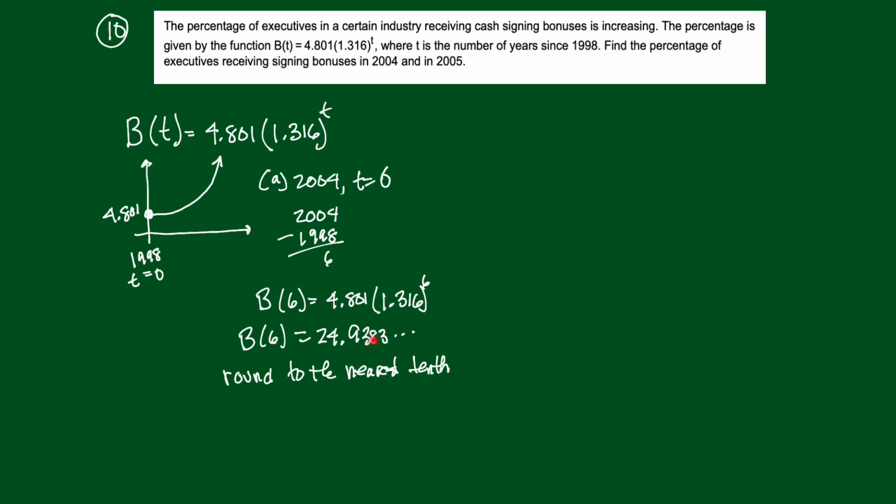So I'm just going to chop that off, truncate it, and I'm going to get 24.9. I'm going to say that in 2004, 24.9% of executives received signing bonuses.